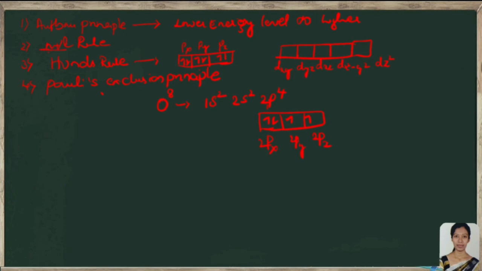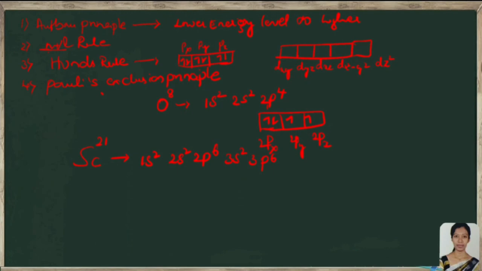If you take scandium, that is D block element that we are going to study now, with the atomic number 21. So, what is the electronic configuration of scandium by applying Aufbau rule and N plus L rule? 1s2, 2s2, 2p6, 3s2, 3p6.